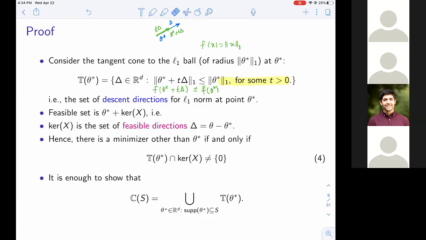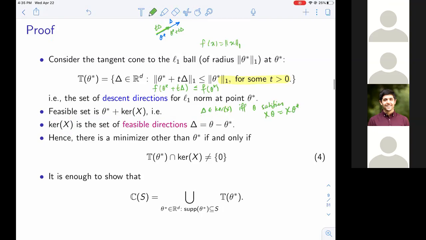So what I'm saying is that delta belongs to the kernel of X if and only if theta satisfies X theta equals X theta star. That's the system we want. So the directions that we want to look at are the directions that are in the kernel. I'm going to call these the feasible directions. So these are directions that are feasible for the problem.